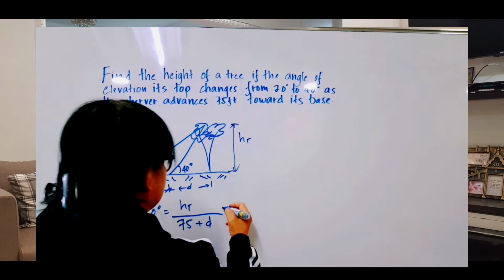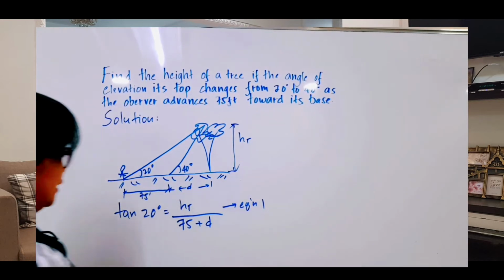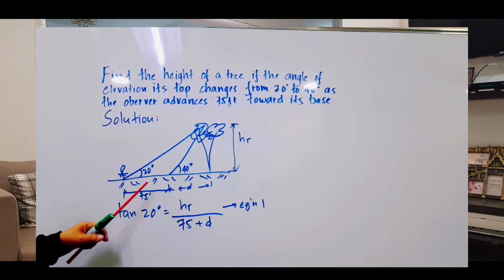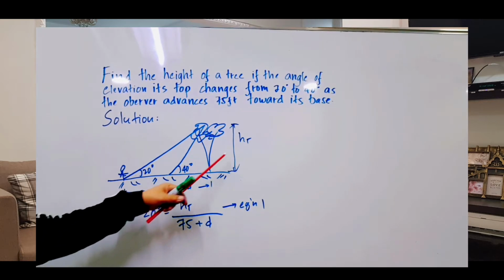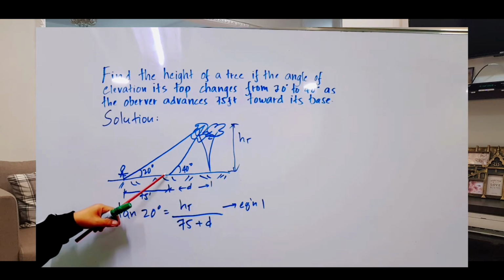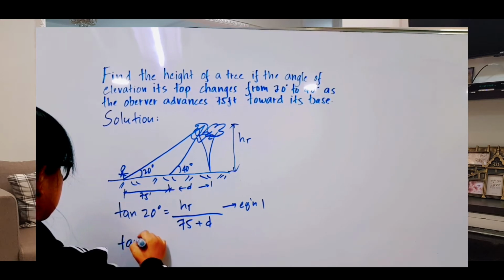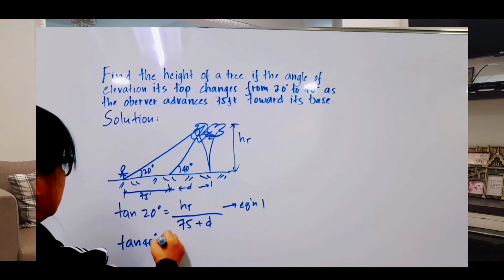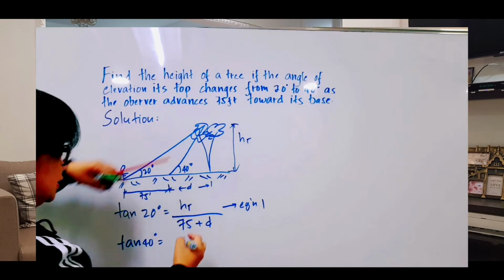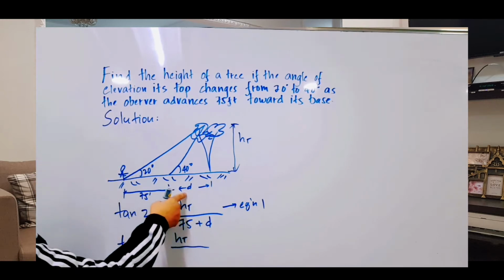So, we can have it as equation 1. Now, again, because our purpose is to find the height of the tree, we can also use tangent 40 degrees. Tangent 40 degrees is equal to the opposite, the height of the tree, over the distance.